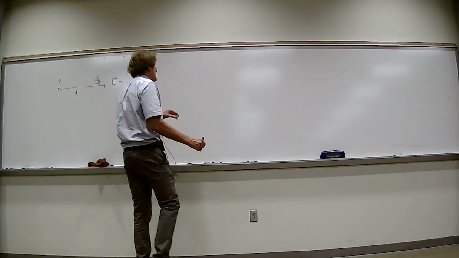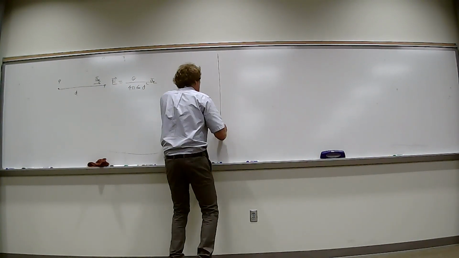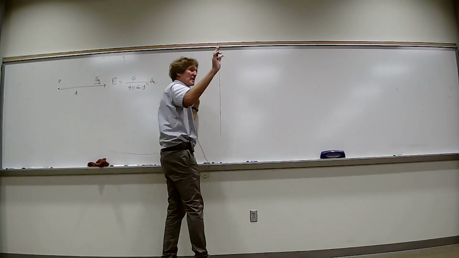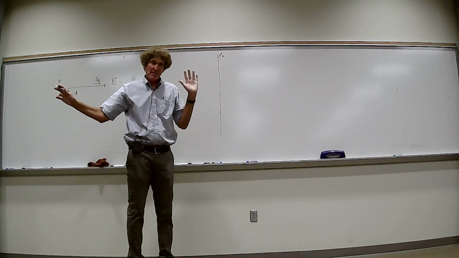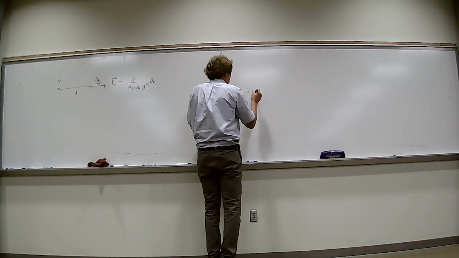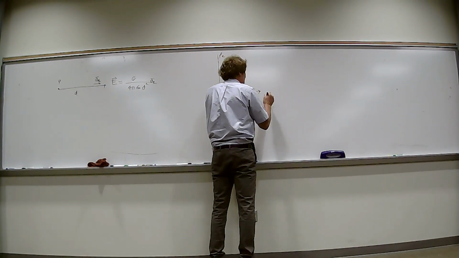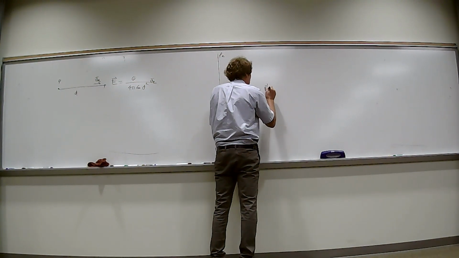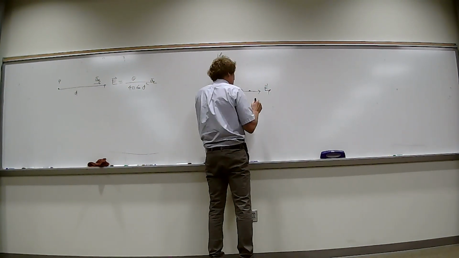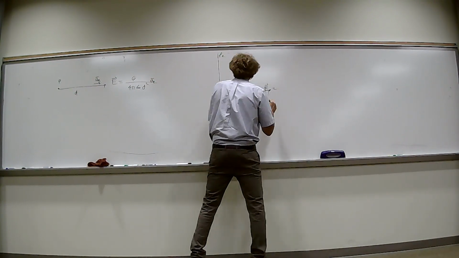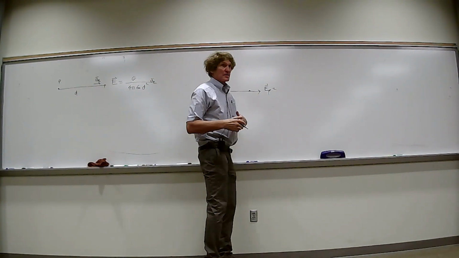If I have a line charge, and say this is rho L, it doesn't matter what axis it's on. You all remember that? And I wanted the E field from that line charge at a particular point here. The form of this is what?